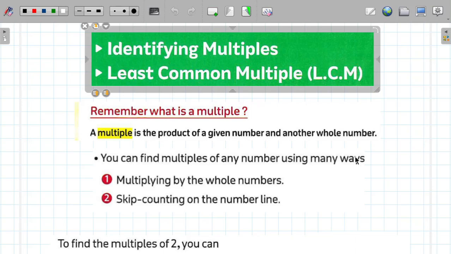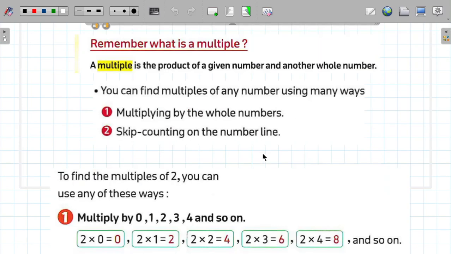So if I want to find the multiples of 2, I will multiply 2 by another number like 0, 1, 2, 3, 4, and so on. And in that way, we will reach the multiples of the number 2.